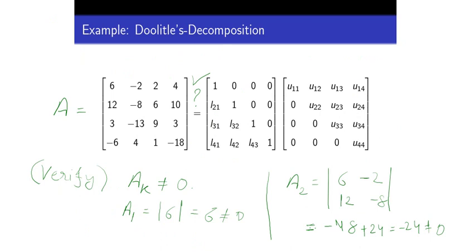Now what you have to do is carefully compare the left hand side and right hand sides.